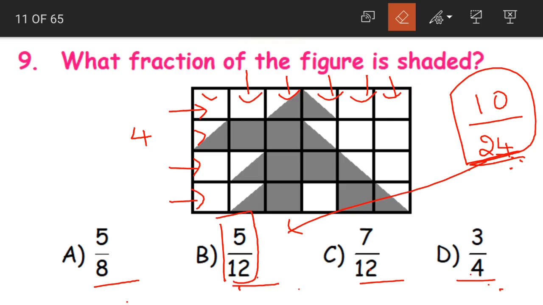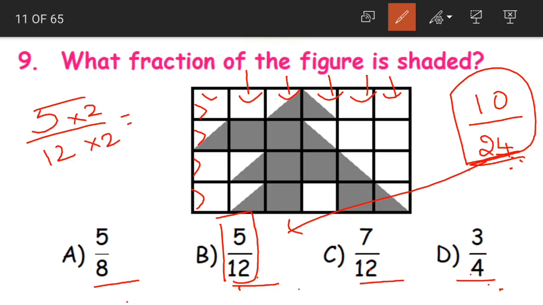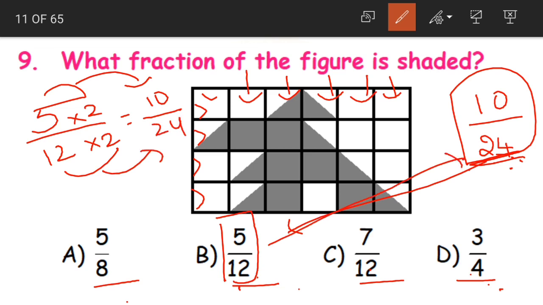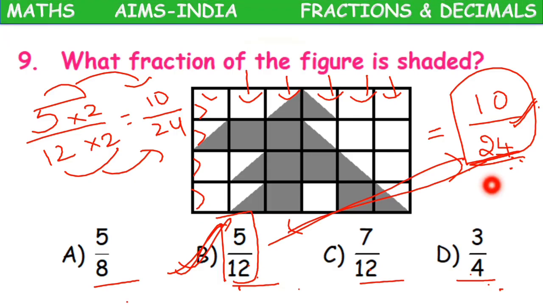When we multiply both numerator and denominator by 2, we'll get 5 2s are 10 divided by 12 2s are 24. So, 5/12 is nothing but equal to our 10/24. Option B, 5/12 becomes our correct answer.